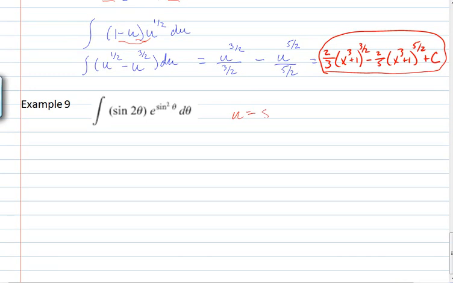What about sine squared theta? Well, then du is going to be equal to, chain rule, 2 sine theta cosine theta d theta. Well, now we're on to something. Because guess what? This is equal to sine of 2 theta, because that's a trigonometric identity, the double angle formula.